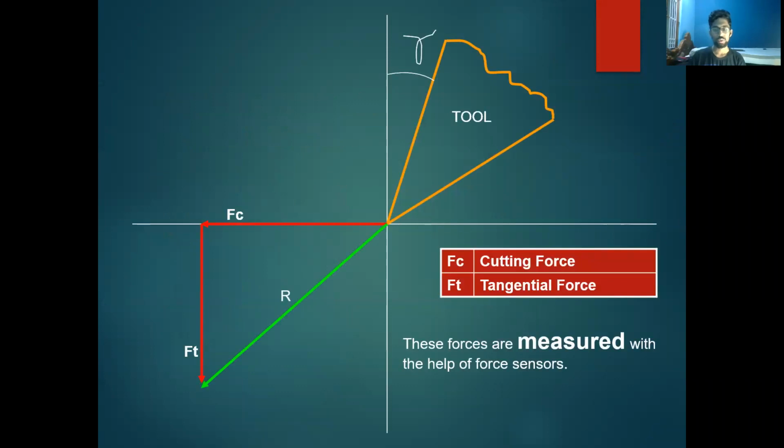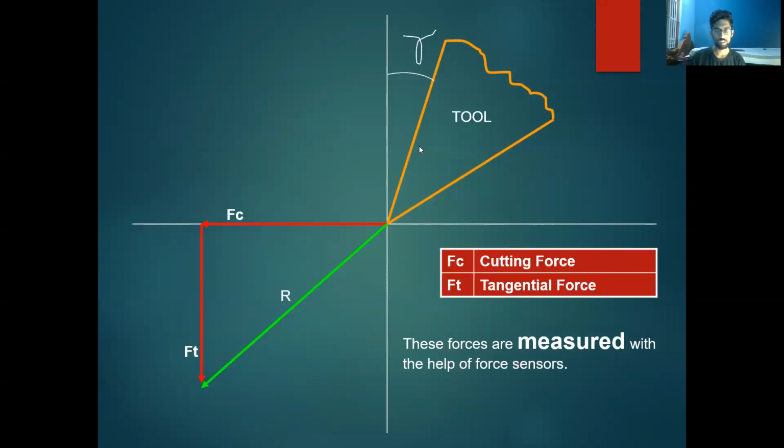At first, we are going to see the two basic forces, which are the cutting force and the tangential force. The cutting force is mentioned in this diagram as FC, and the tangential force as FT. These forces are measured with the help of force sensors in a machining process.